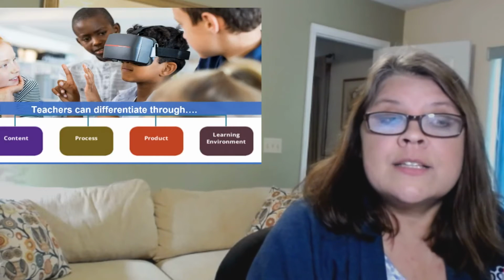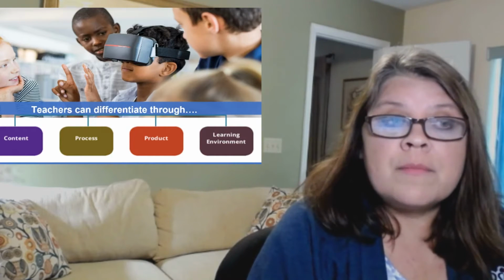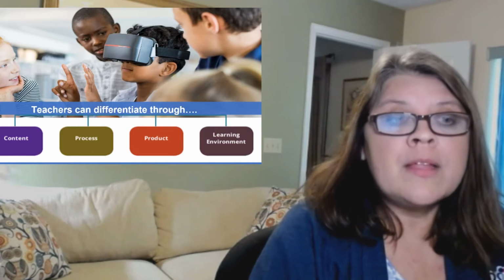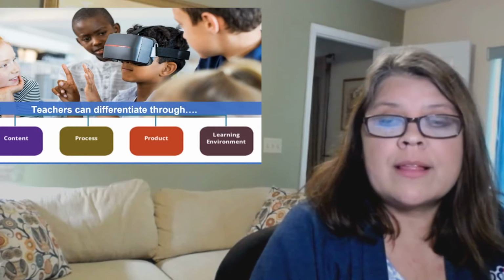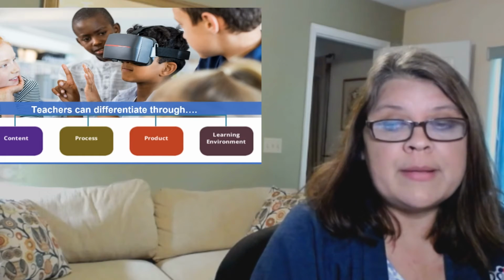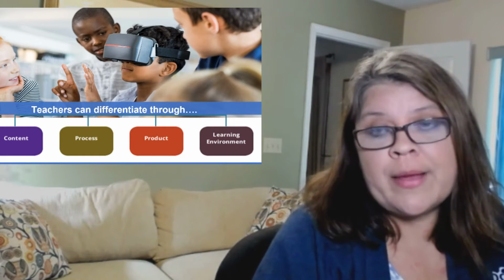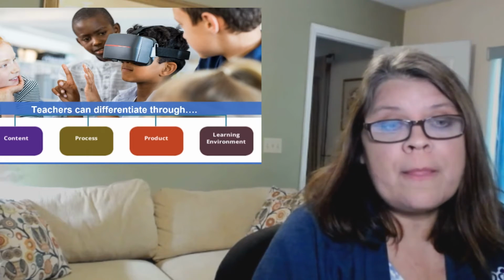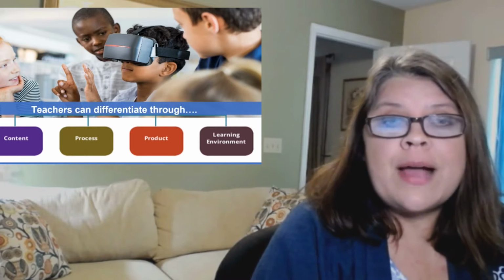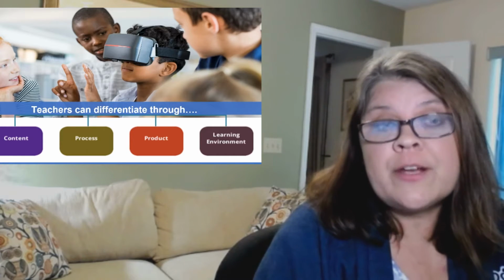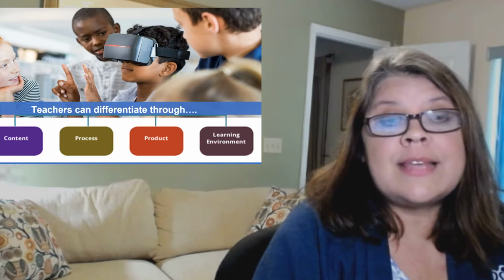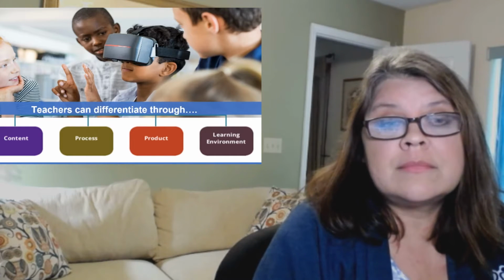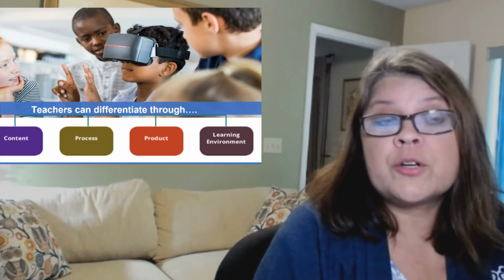Okay, so these are the elements that you're going to incorporate, those three: readiness, interest, and learning profile. So you're going to consider these four elements: content, process, product, and learning environment, as ways that teachers can differentiate through. As teachers begin to differentiate, these main instructional elements can be adjusted to meet the needs of their learners.